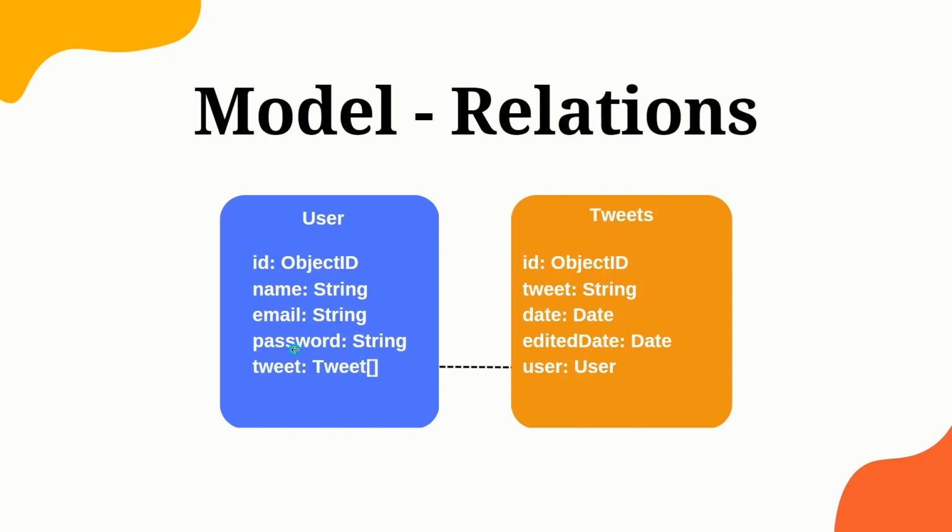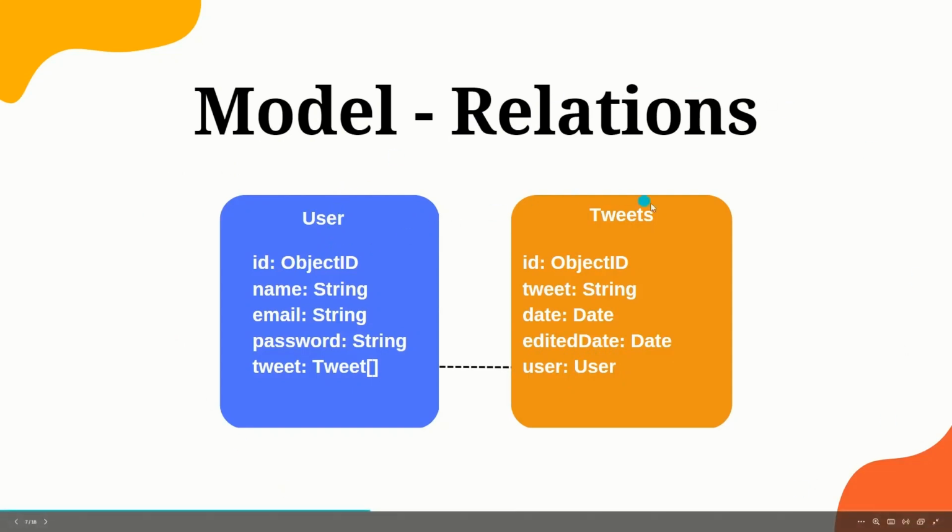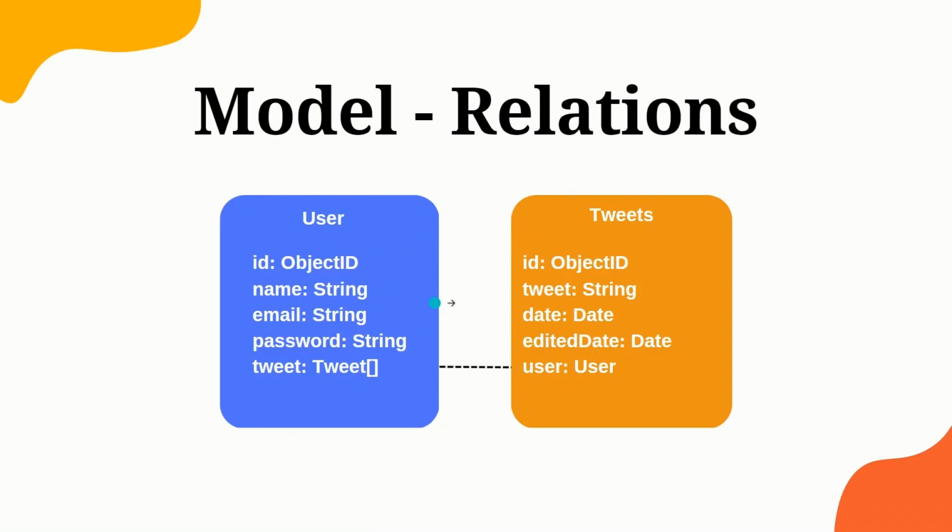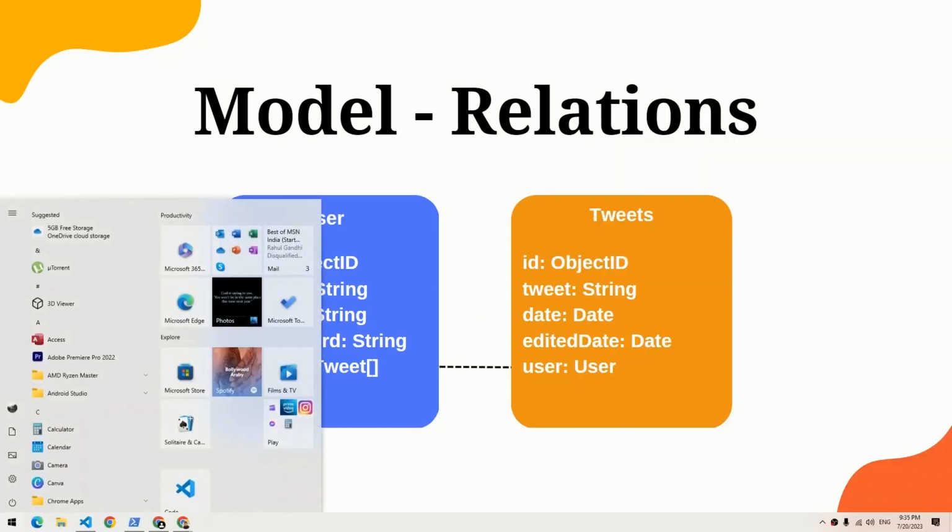There can be multiple tweet documents like that, so that's why we have provided the tweet document as an array. Then we have the user down there. Each tweet can have one single user. So that's the relation between them. The user to tweets is a one-to-many relationship, and each tweet can have only one single user attached to it. So that's the relations between the user and the tweets within this application. That's it for the models and the relations.